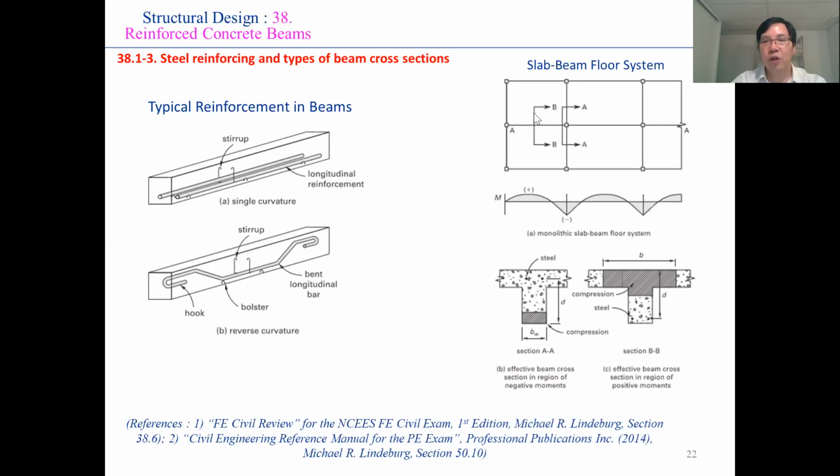And for the section BB, you can see that the compression zone is in the upper part of the beam, and the tension zone is on the lower part of the beam.